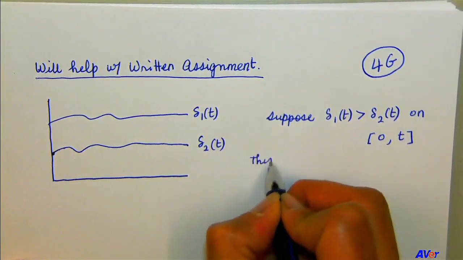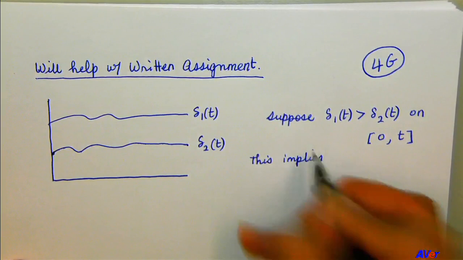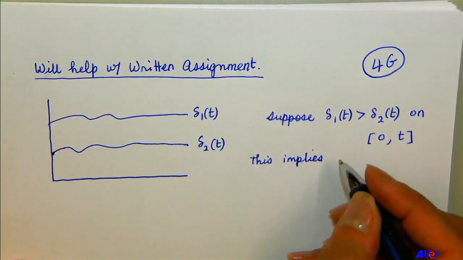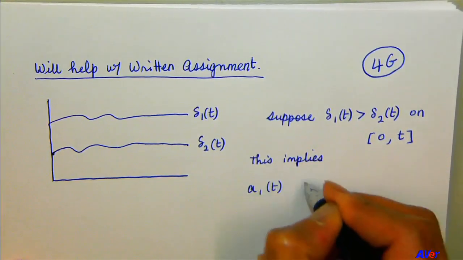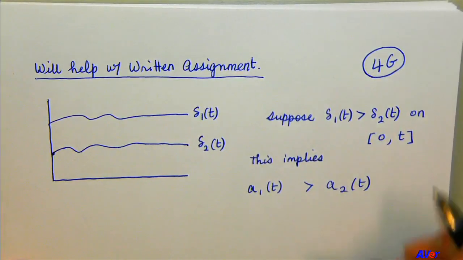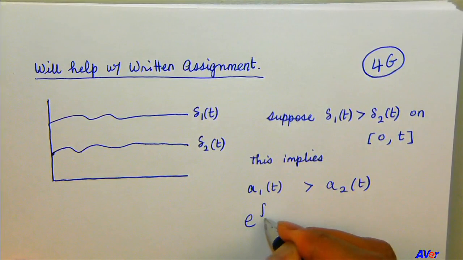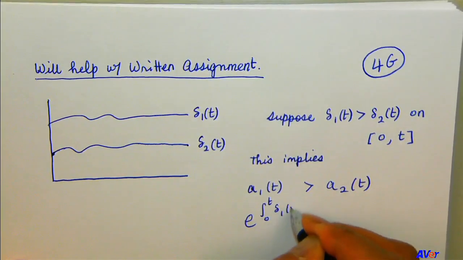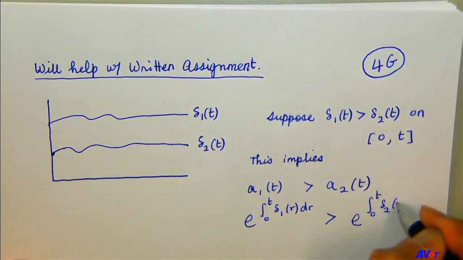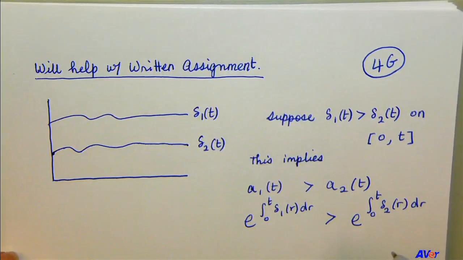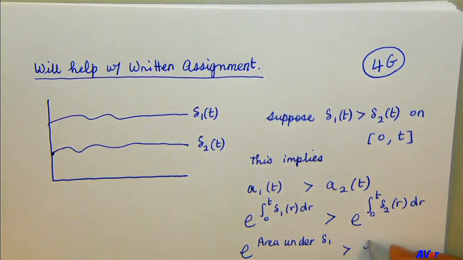This implies that a1 of t is greater than a2 of t because e to the integral from 0 to t of delta 1 of r dr would be greater than e to the integral from 0 to t of delta 2 of r dr. So I'm saying e to the area under delta 1 is greater than e to the area under delta 2.